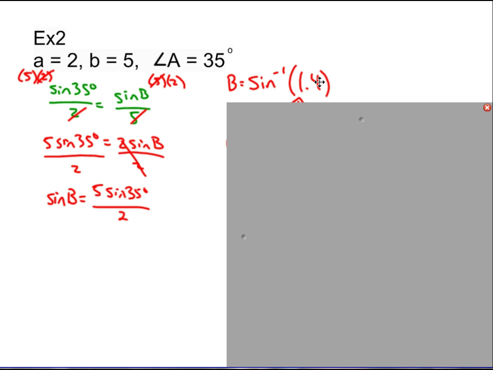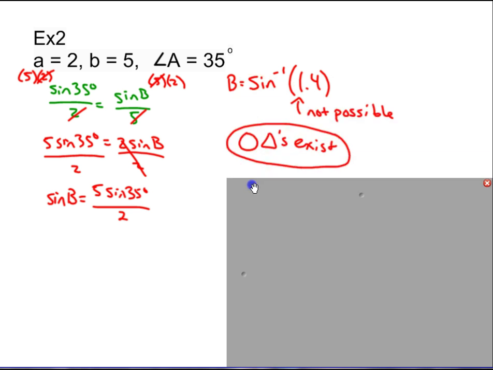If you remember from your graph of sine, it never got above 1. Can't do it. So if you can't have a triangle, we just say it's not possible. There's no triangles that exist given these conditions. Okay, so again, if you reach an error, you didn't make a mistake, it's not possible to have it.